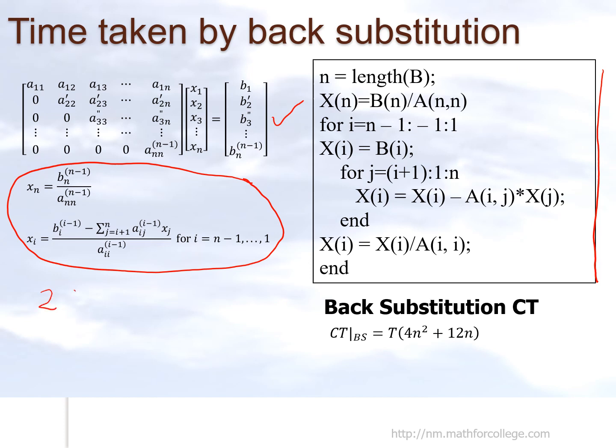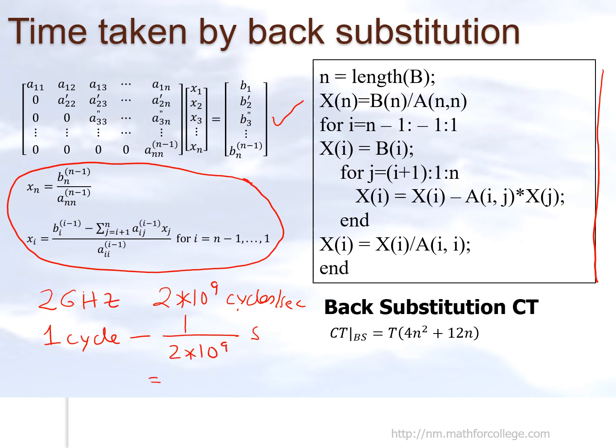If you have a 2 gigahertz machine, that means it is going through 2 billion cycles per second. So how much does one cycle take? It's 1 divided by 2 times 10 to the power 9 seconds, which is 0.5 times 10 to the power minus 9 seconds, that's 0.5 nanoseconds.